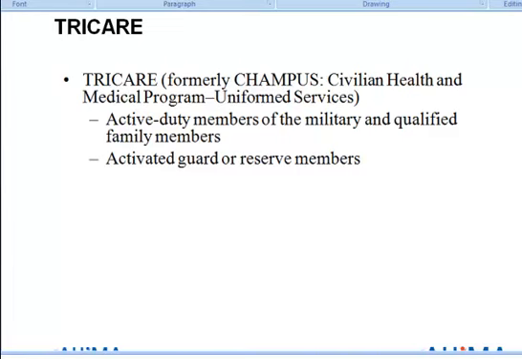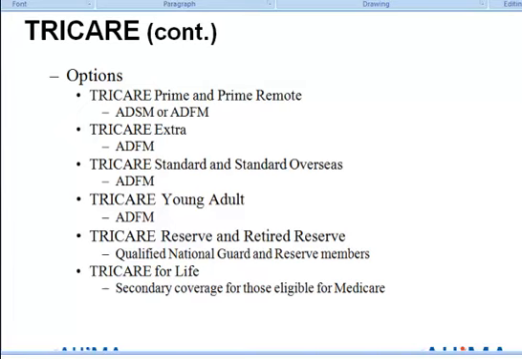Medicare provides comprehensive coverage for all beneficiaries, includes outpatient visits, hospitalization, preventative services, maternity care, immunization, and mental health services. All active duty service members are covered under one of these TRICARE options.